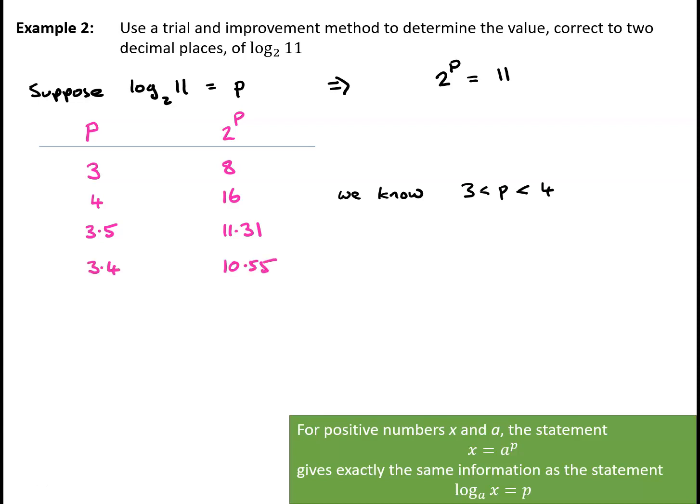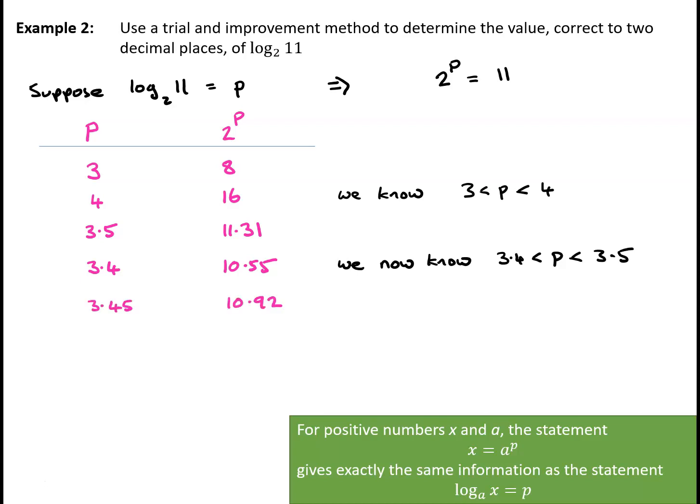Let's try 3.4 at this stage. If I have 2 to the power 3.4, my calculator tells me that's 10.55, which is a bit too small. So I now know the value of p that I'm looking for is somewhere between 3.4 and 3.5. Let's go for the middle value again.